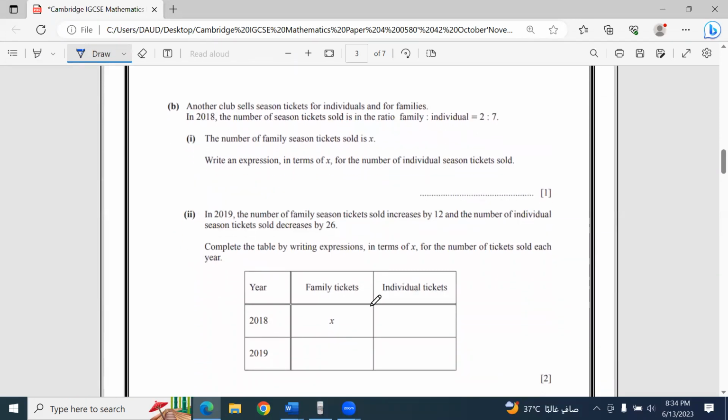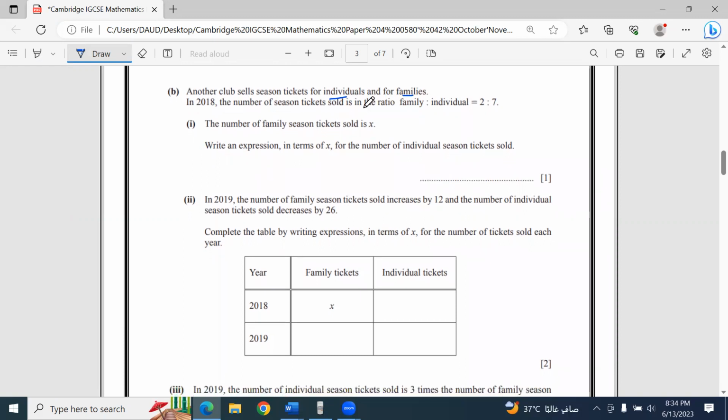Another club sells season tickets for individuals and for families. So two things we have here, individual as well as family. In 2018, the number of season tickets sold is in the ratio family to individual, 2:7. Remember, this will help us. They say the number of family season tickets sold is x. Write an expression in terms of x for the number of individual tickets.